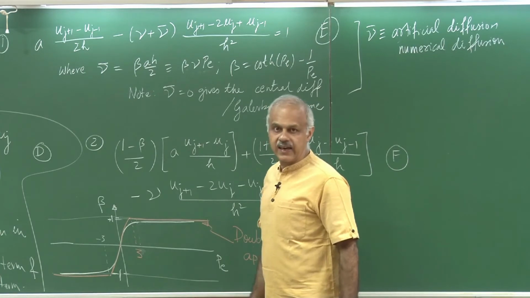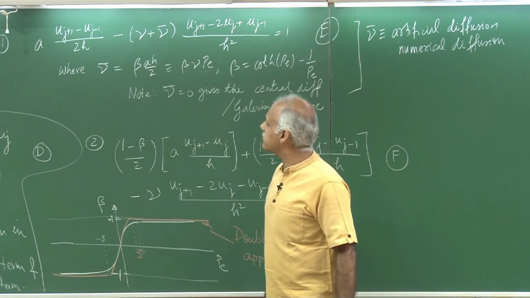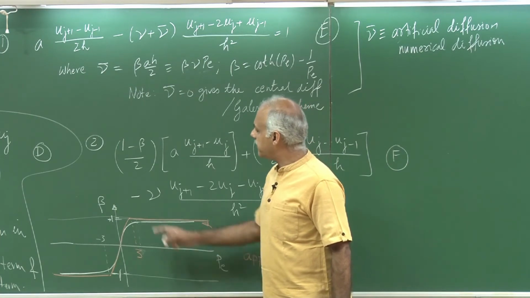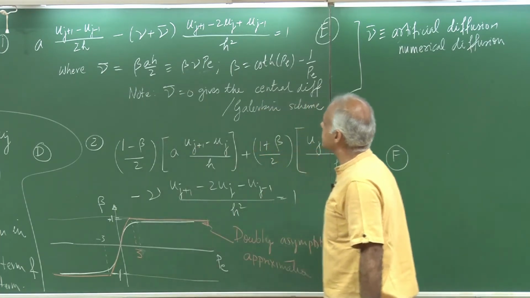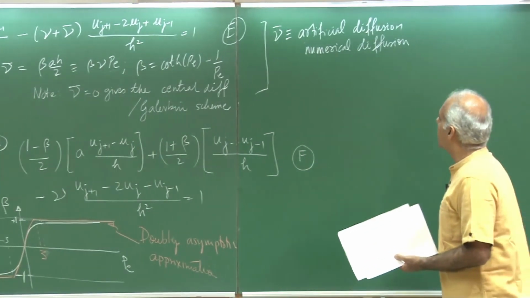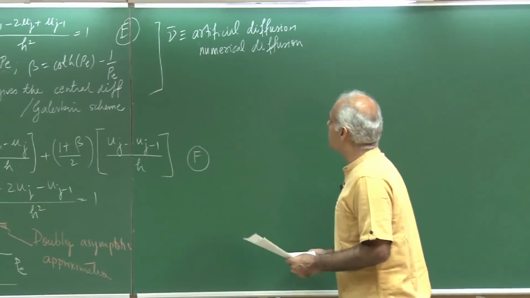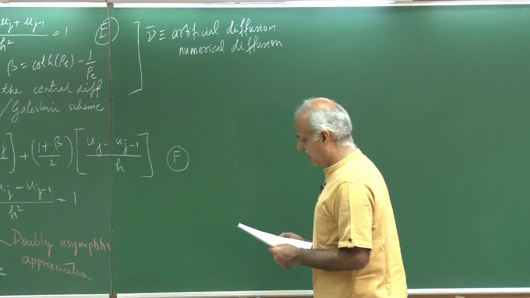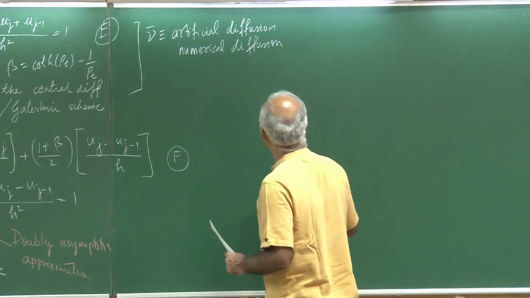Then again you can add an artificial diffusion of the right sign, and in between you can do a linear interpolation. In fact, there are methods which people have come up with to show that the Galerkin method has negative diffusion. So let's discuss that.